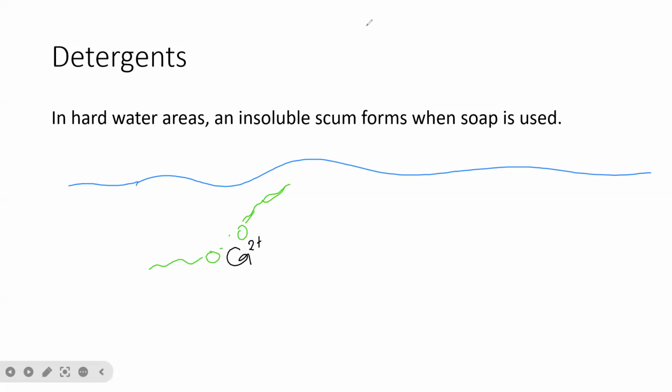The reason why soap can do some cleansing is because soap is soluble in water. You need to get that one clear first. But when soap comes into water that contains calcium, it forms a new compound that is not soluble in water. And that compound that is insoluble in water is what we call scum. So scum is the other salt that is insoluble in water.